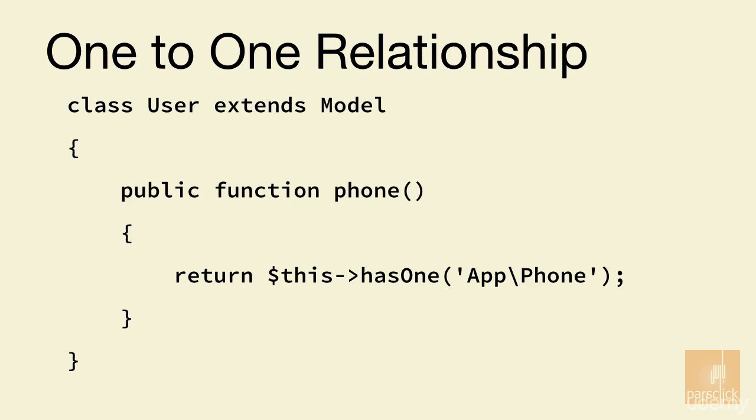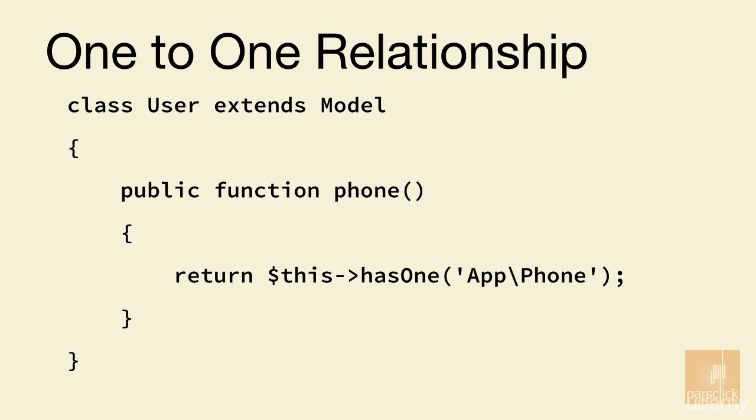So all you need to do in your model, if you want to associate it to another model, is create a function called phone, which is the name of the other table you're associating to, and return this class with the keyword hasOne with a capital O and the location of the model, which is inside the app folder with the slash separated.